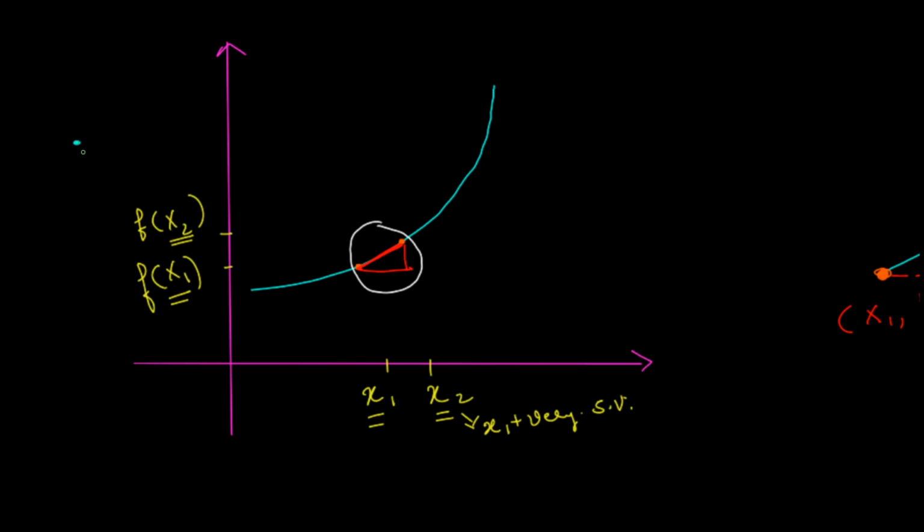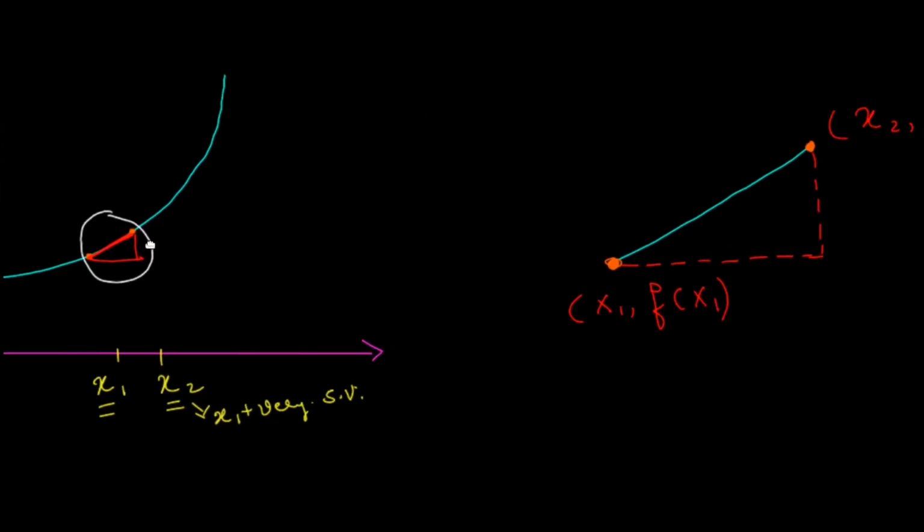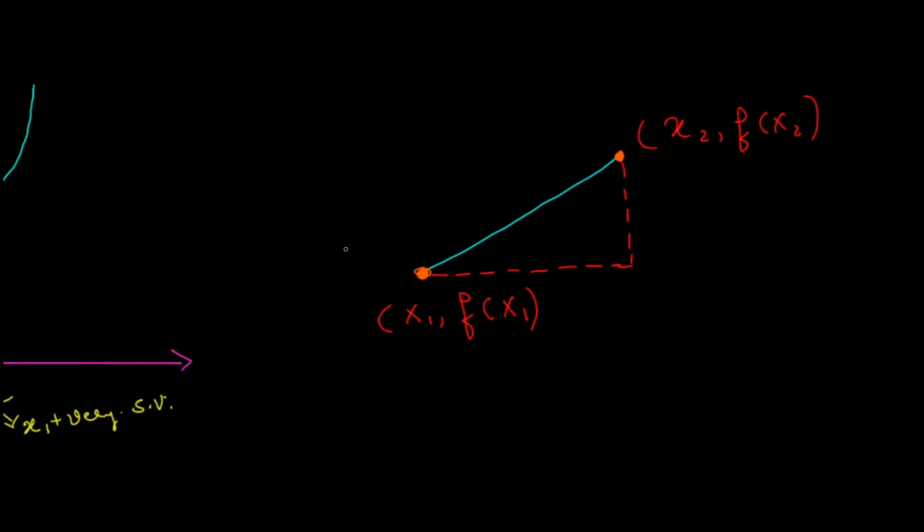That's all you will be seeing over here, x2 and x1 are just the same single point. But if I zoom further, it's going to look like this. This point right here is your x2 comma f of x2, that is y2 basically, and x1 comma f of x1.